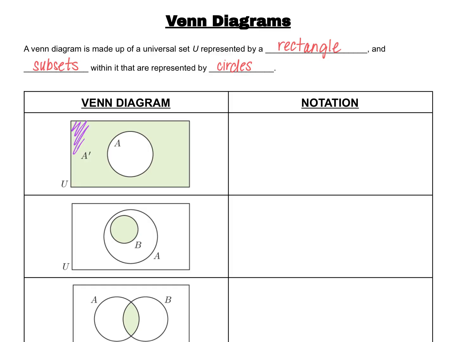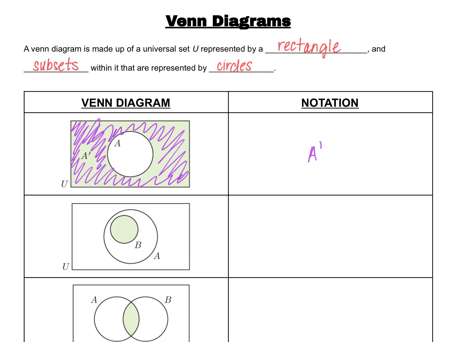So this section on the outside will be notated by saying that this is not A, or the complement of A.